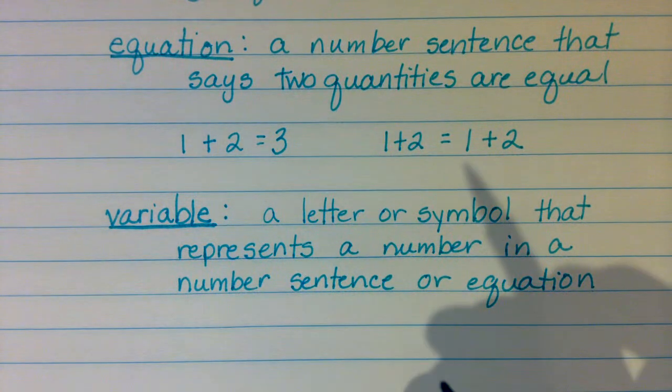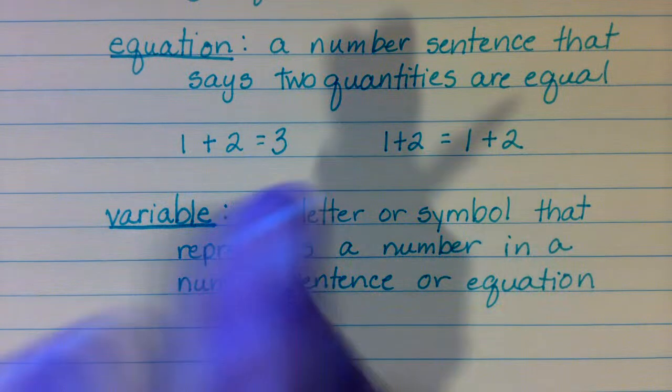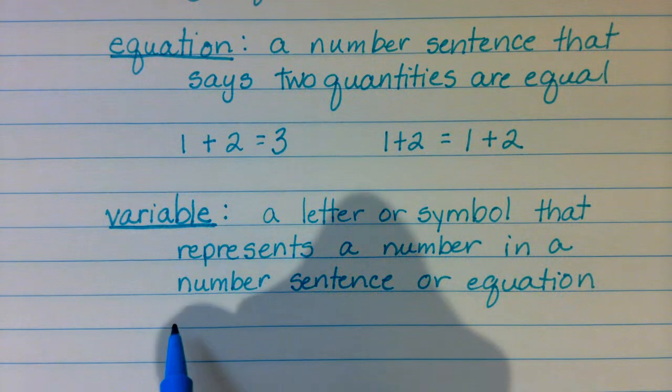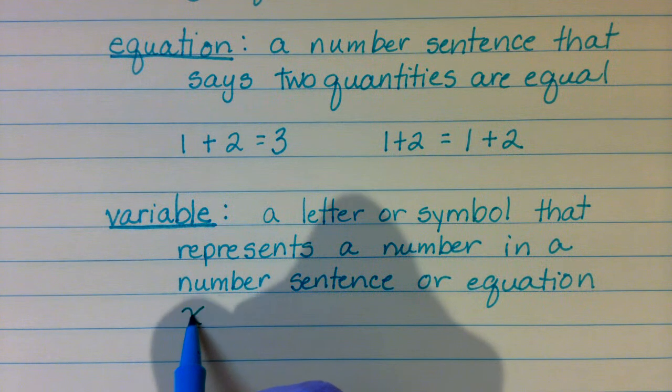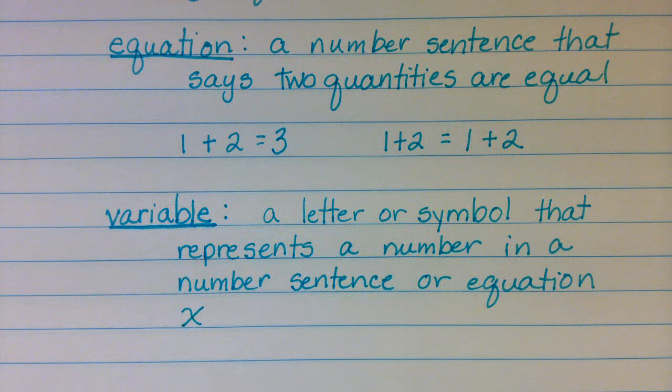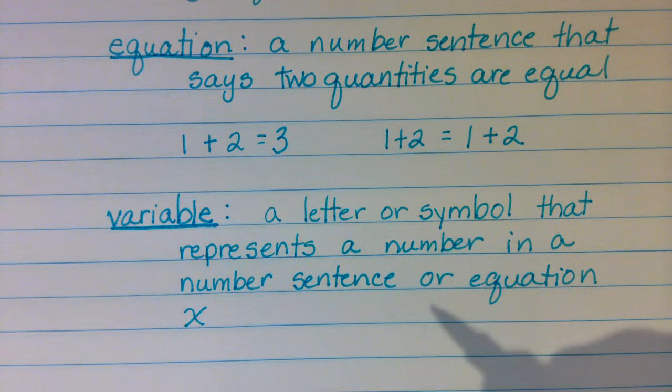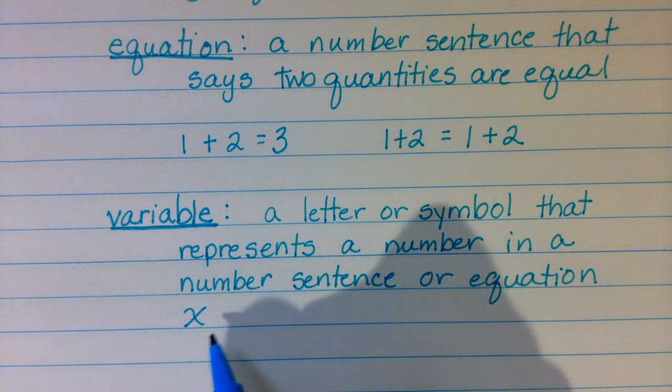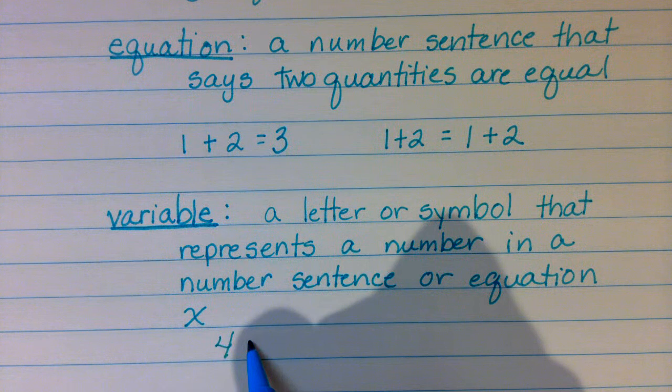For instance, a lot of times, the most used variable is x, and it usually looks a little bit like this. So it's a little bit more curvy and maybe even more slanted and italicized than what you normally see. So somebody might say 4 plus x.